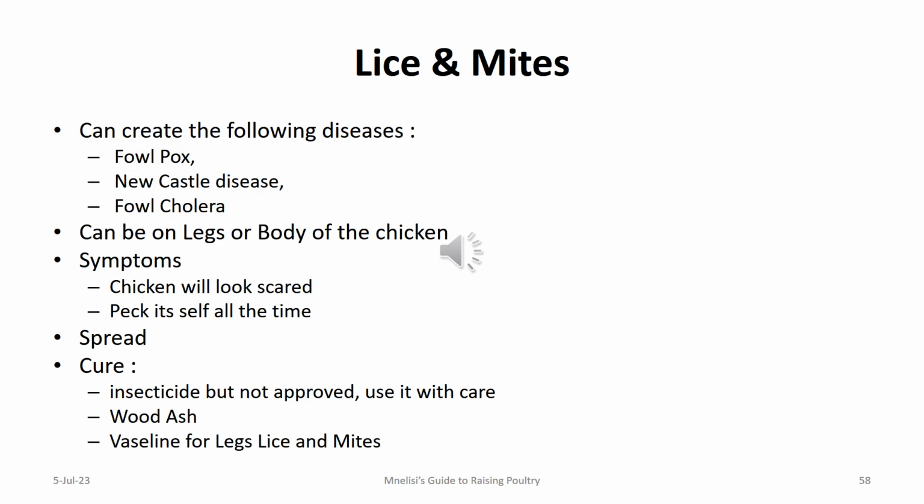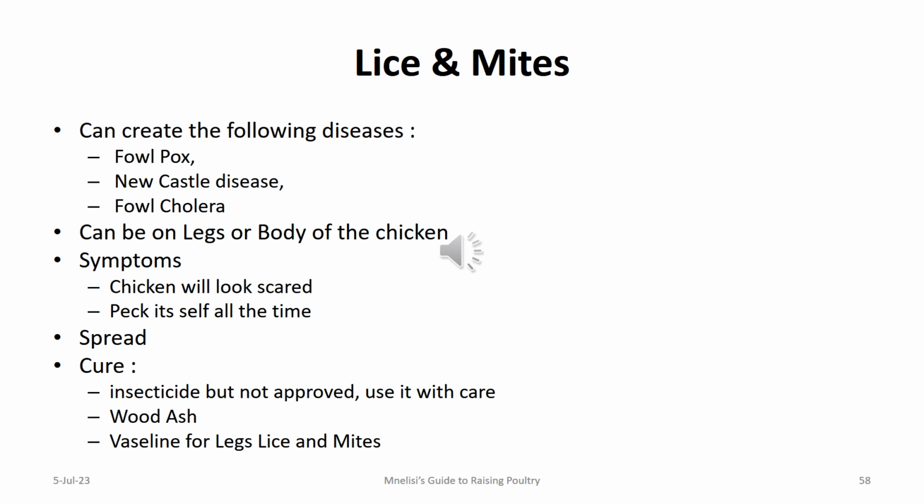Lice and mites. These are parasites that can be found on chickens. They can create the following diseases: Fowl Pox, Newcastle disease, Fowl Cholera. They can be found on the legs or body of the chicken. The symptoms are as follows. The chicken will look scared.